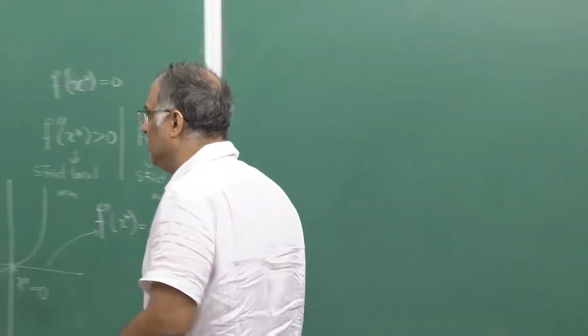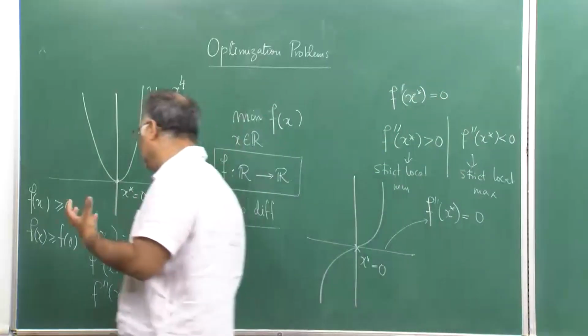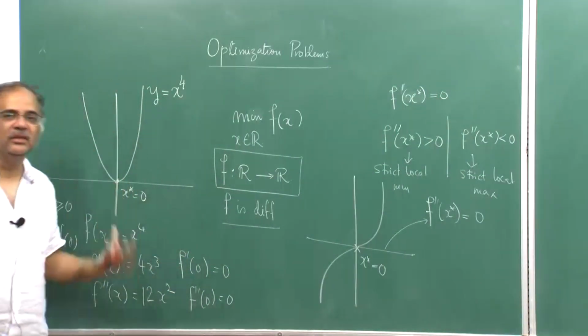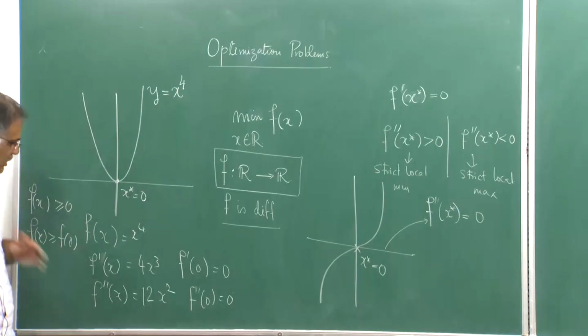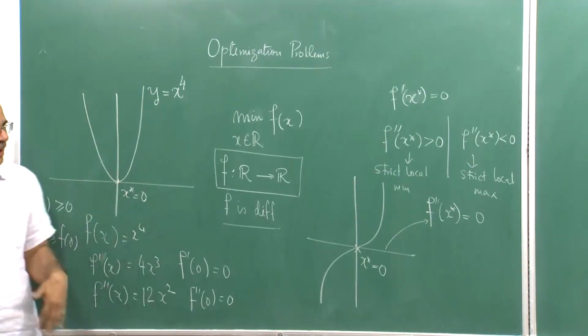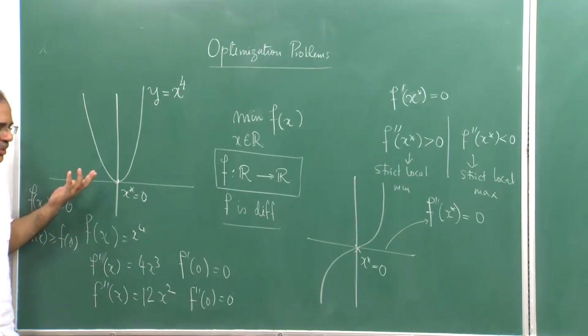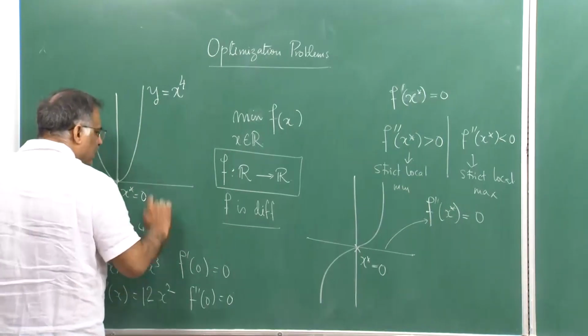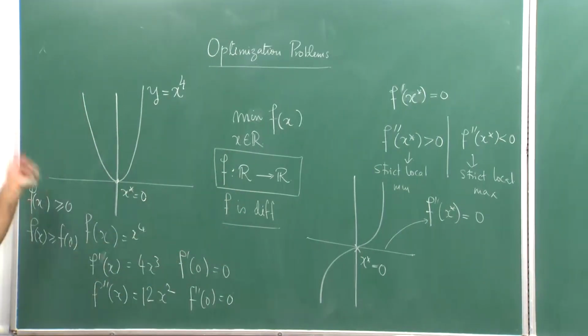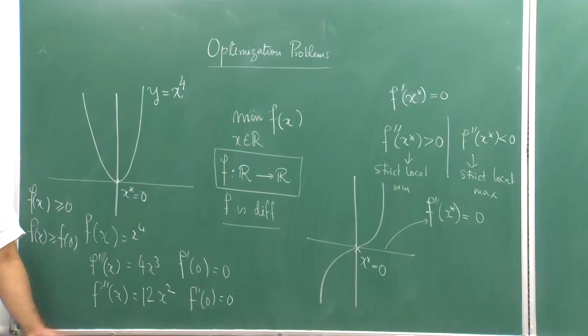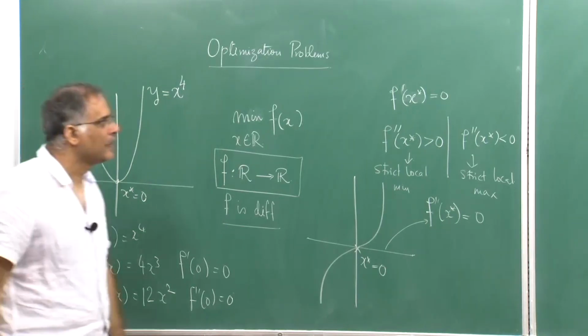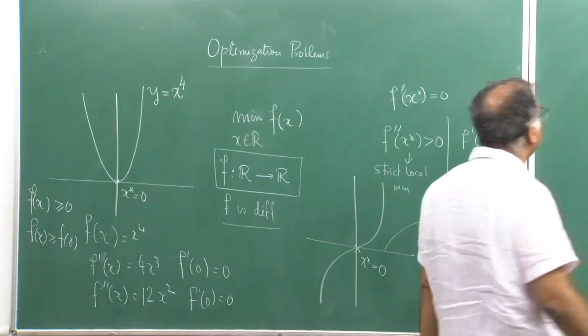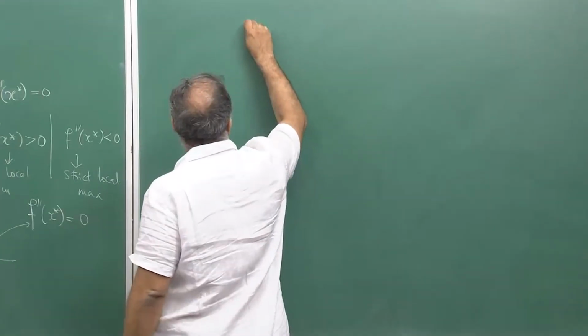What is that property that will tell me that your second order information has failed, but there is some additional property which I can attach with f dash of x star equal to 0, which will tell me immediately that x star is the solution? Such a property of a function is called convexity.